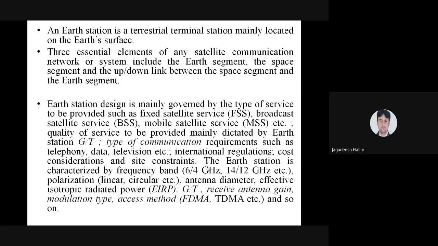We have explained this: the type of service to be provided, such as fixed satellite service, that is FSS, broadcast satellite service, that is BSS, and mobile satellite service, that is MSS. These are the services. One is maritime mobile services. When a ship is going on the sea, you can see where exactly it is located.